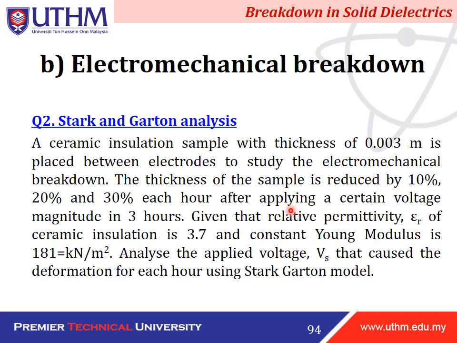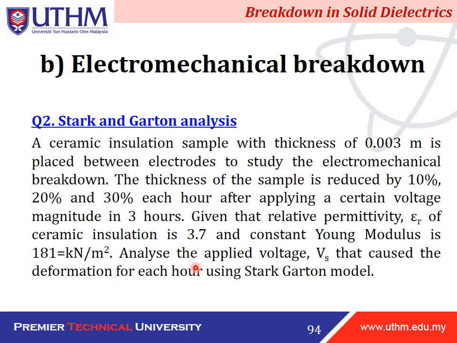Given that the relative permittivity epsilon R of the ceramic insulation is 3.7 and the Young modulus is 181 kN per meter square, analyze the applied voltage Vs that causes the deformation for each hour using the Stark-Garton model. Most of you missed the words each hour.